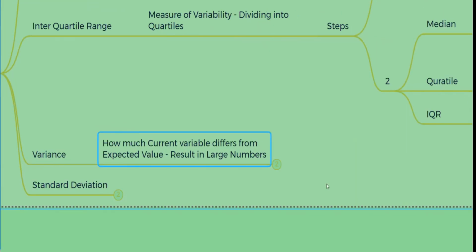When you say variance, it represents how much the current values differ from the expected value. You are expecting some particular value, but the actual received value is completely different. The difference between the expected and the actual value is what we call variance, that variation in the value.